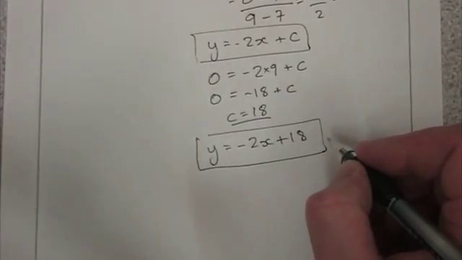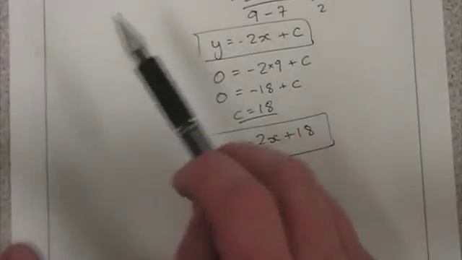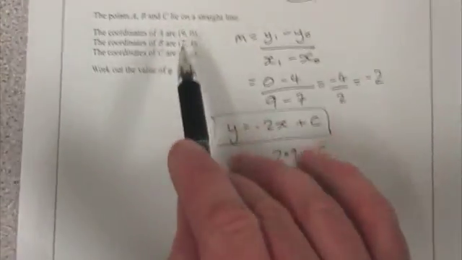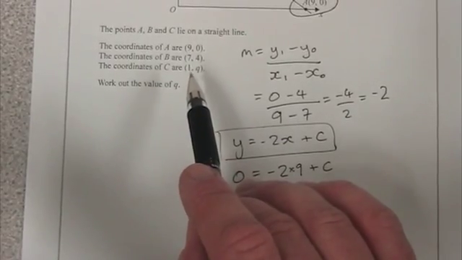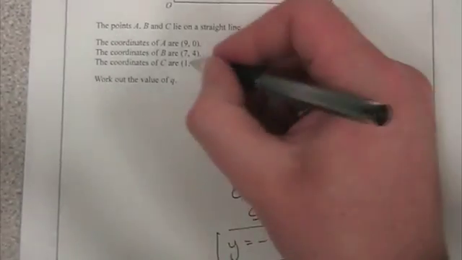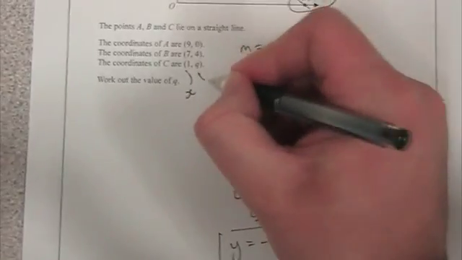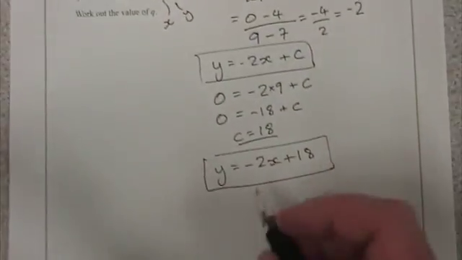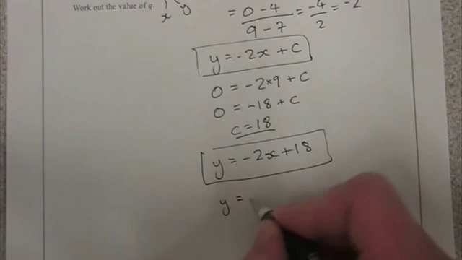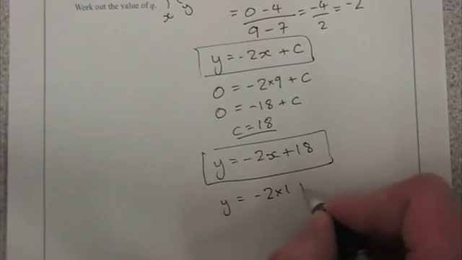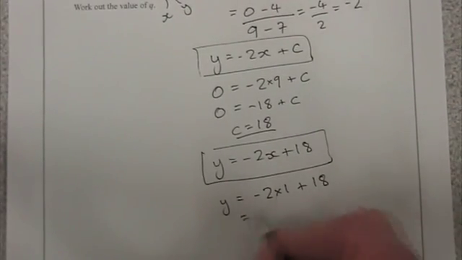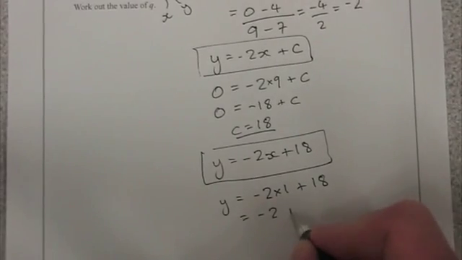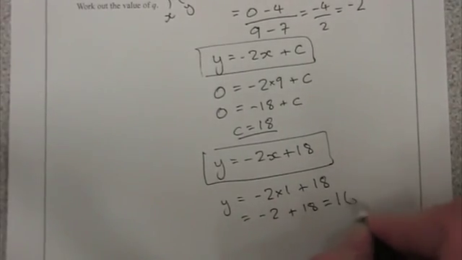Now, in order to find what they actually wanted, which was the value of q, they've got 1 comma q. That means x is 1 and they want to know what y is. So if x is 1, y will be minus 2 times 1 plus 18. Minus 2 times 1 is minus 2, plus 18 is 16.